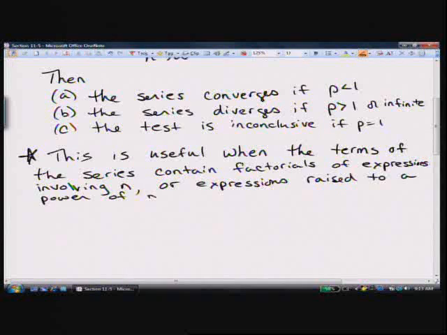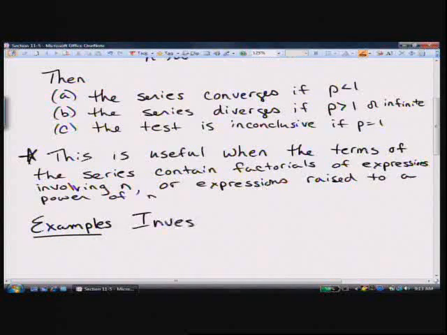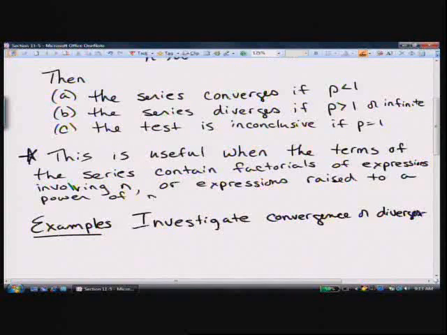Okay, so just investigate convergence or divergence.